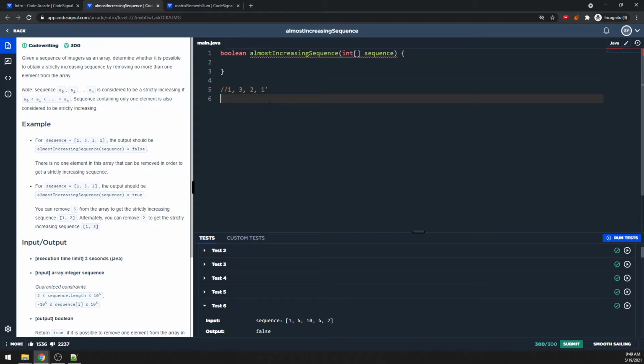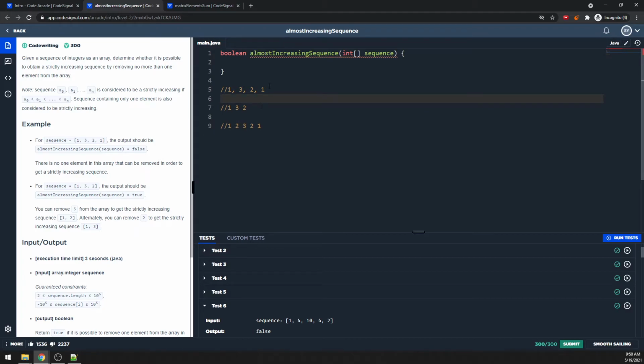So this is one case. And for example 1 3 2, you can accept 1 happen, so you return true, right? But what happened, you have 1 2 3 2 1, you increasing but you decreasing here and decreasing twice at the same time.